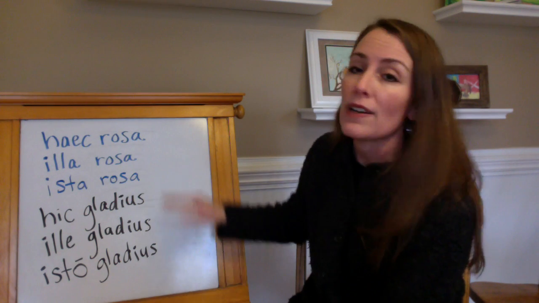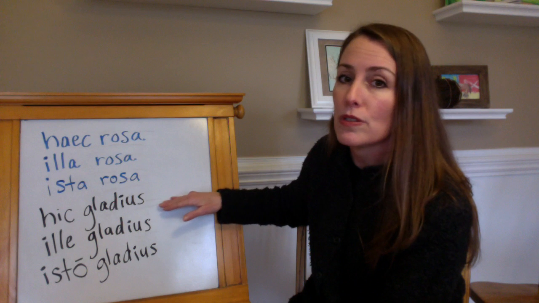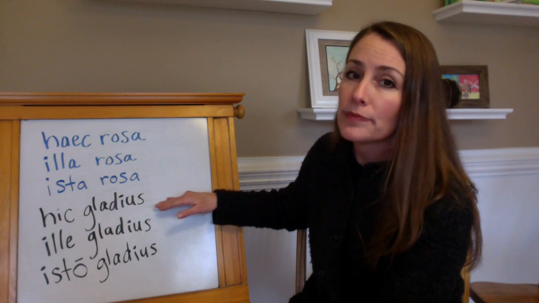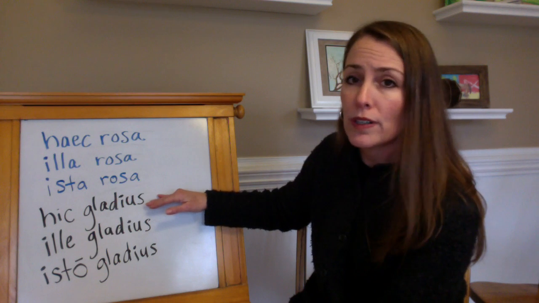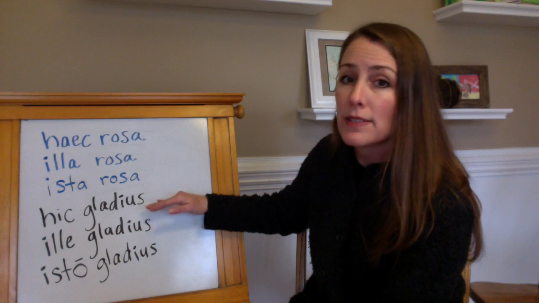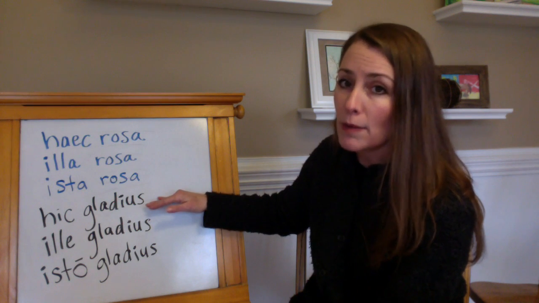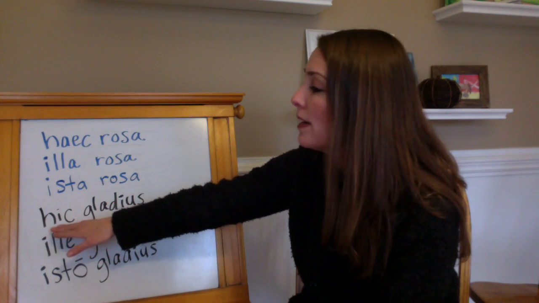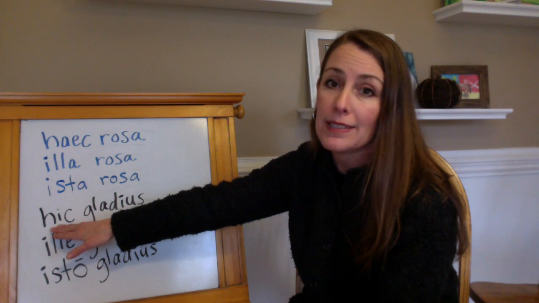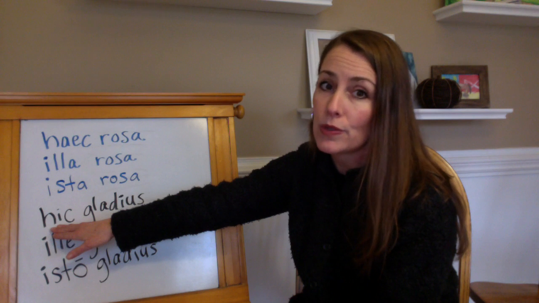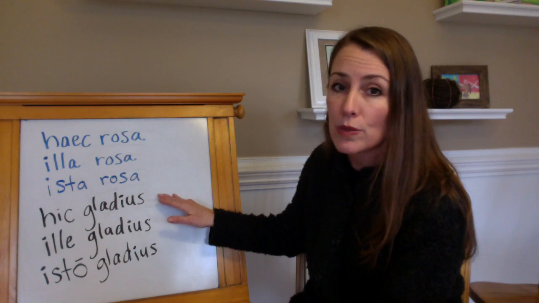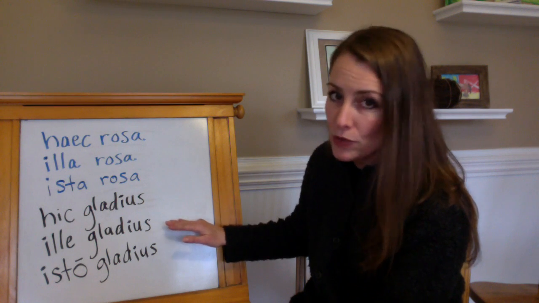Okay, moving on, let's try with a masculine word. We'll use gladius, which is our word for sword. If I was going to say this sword, well, sword is masculine, singular, and in this case, the nominative form. So I'm going to pick my demonstrative pronoun that's going to match. So masculine, singular, nominative is going to be hic. So I have hic gladius for this sword. If I'm going to say that sword, same thing.